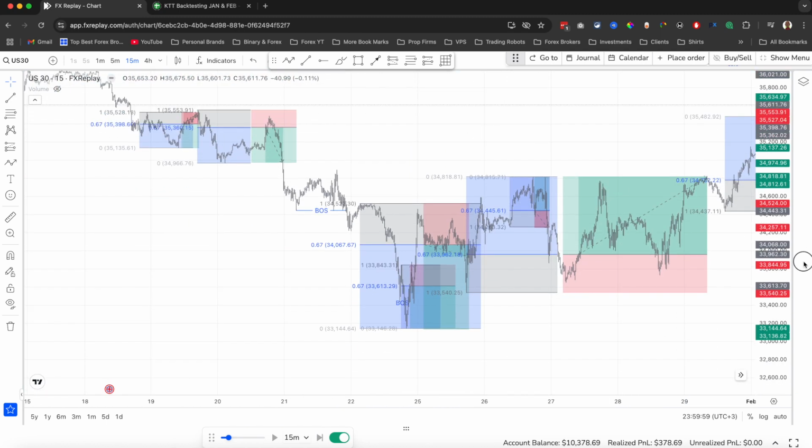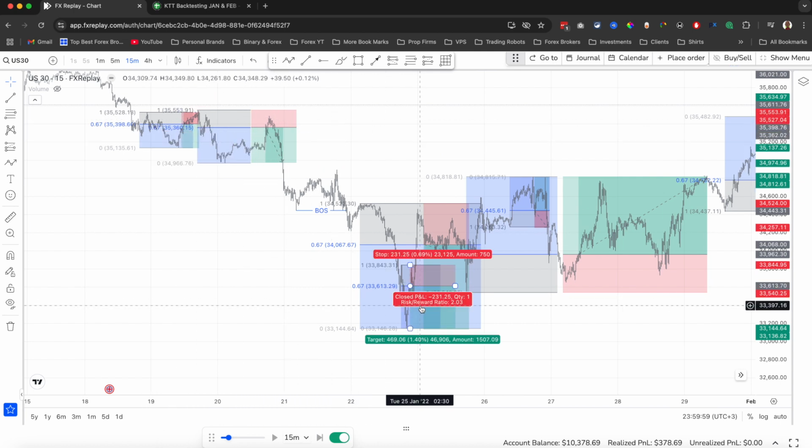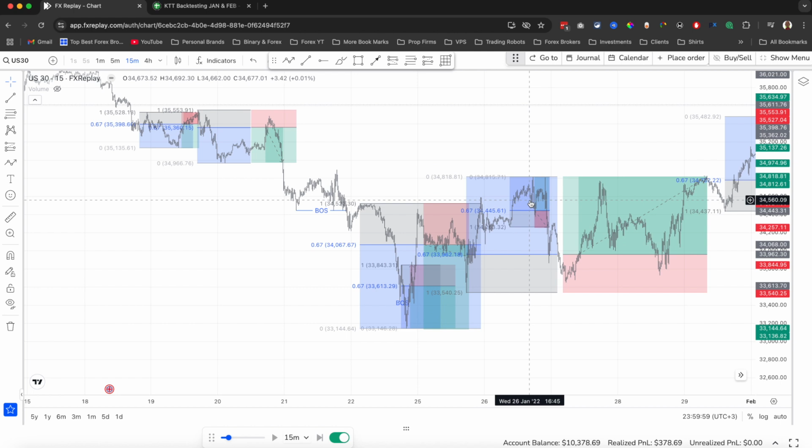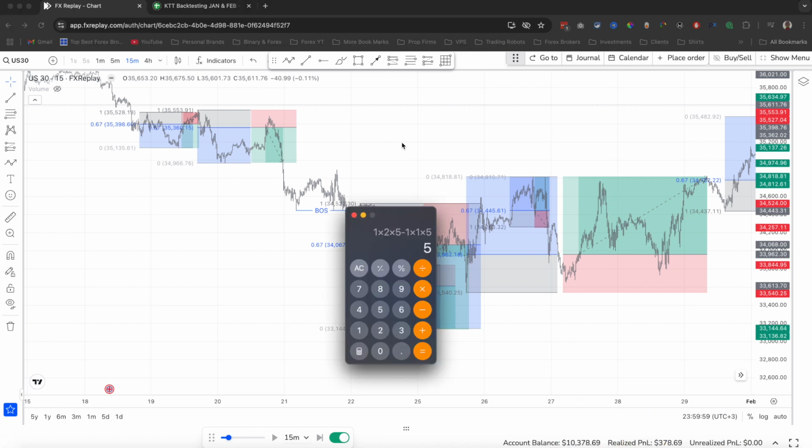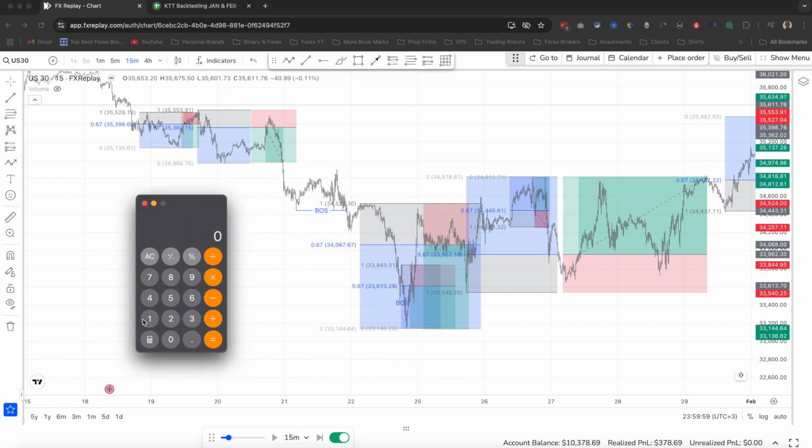Are we on profit? Because we lost one, we won one, we lost two, we lost three, we lost four, we won two. So taking our calculator over here, we were risking $100, right?